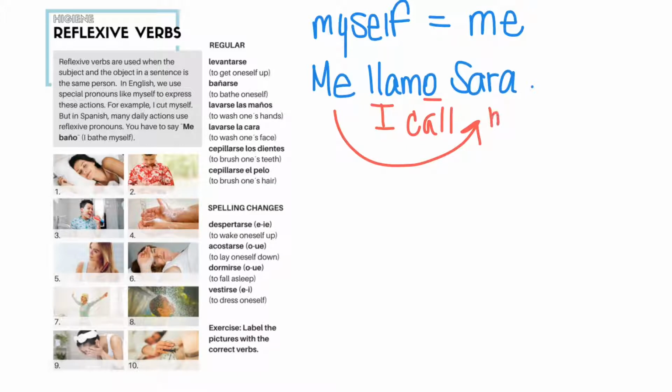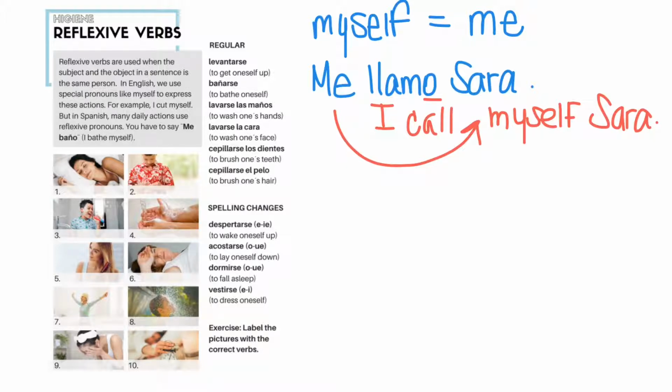I call myself Sarah, even though for us we don't think of it that way because I didn't name myself. My parents named me. So usually we don't tell students that at the very beginning because it's a confusing concept. But now it'll help you understand the rest of these.